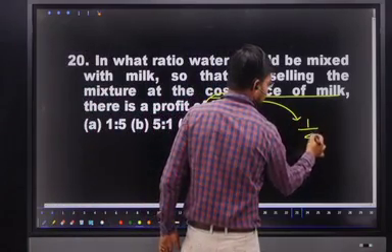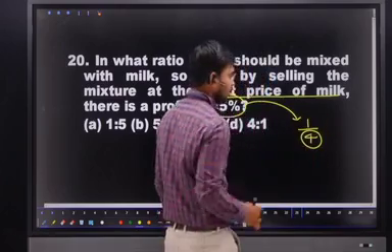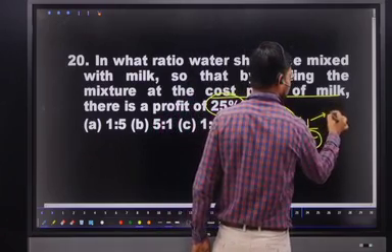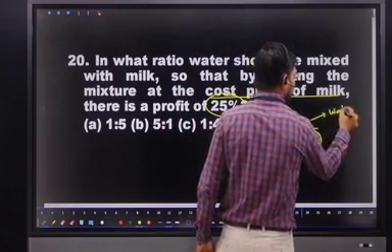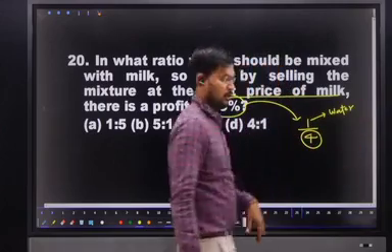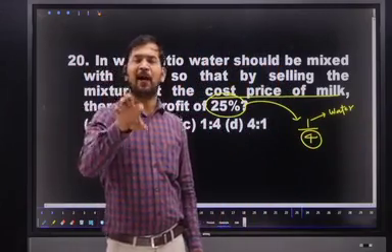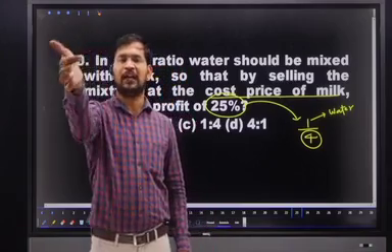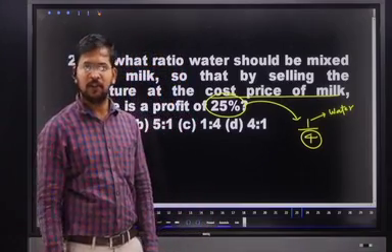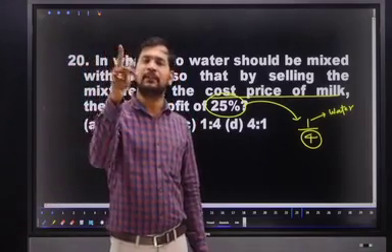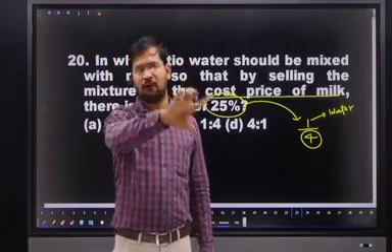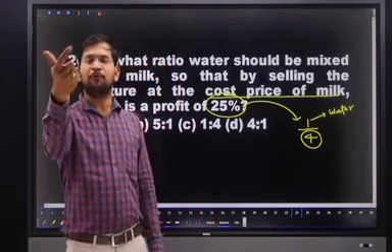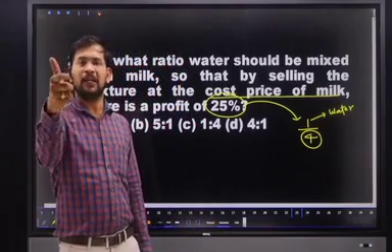Out of 4 parts, 1 part is water. For every 4 parts of the mixture, if we add one part of water, then we get 25% profit. Therefore, out of 4 parts, 3 parts are milk and 1 part is water.